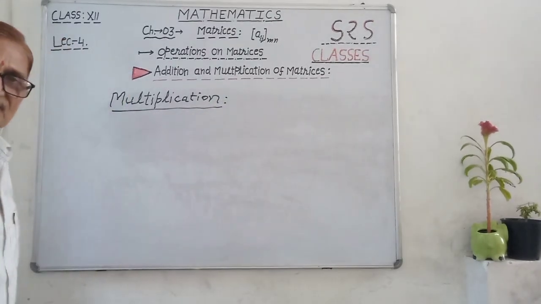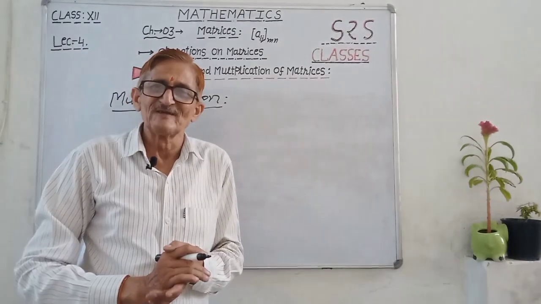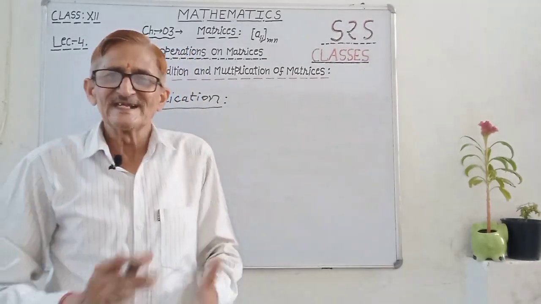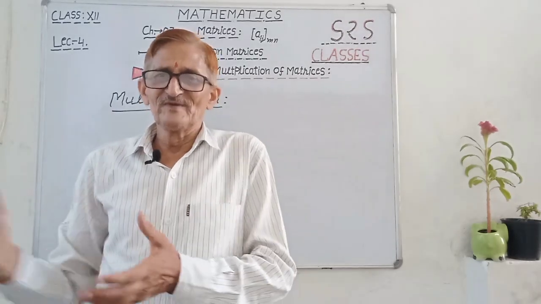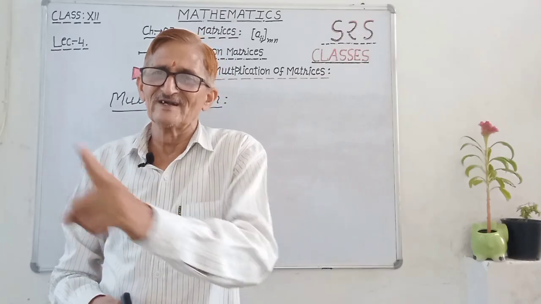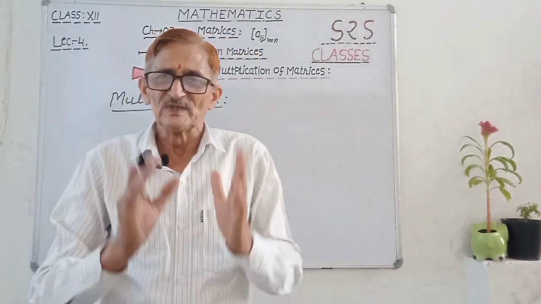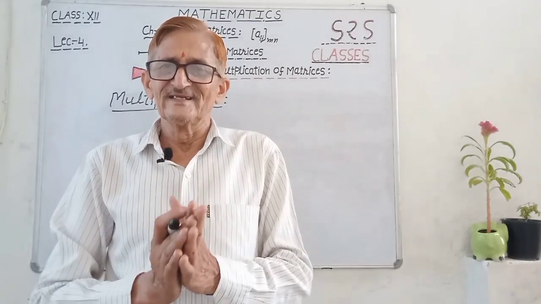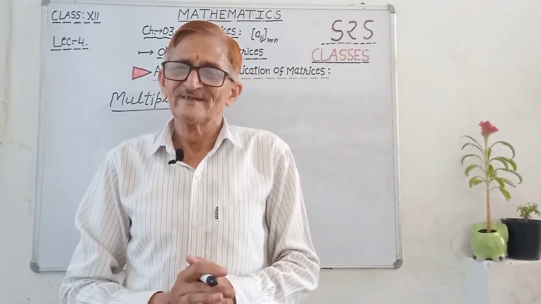In multiplication, remember which two matrices can we multiply. Understand this concept first. Every matrix can't be multiplied with every matrix. As in the addition also, every matrix can't be added with any other matrix. No special fixed rule was there in the addition. Same order matrices can be added.